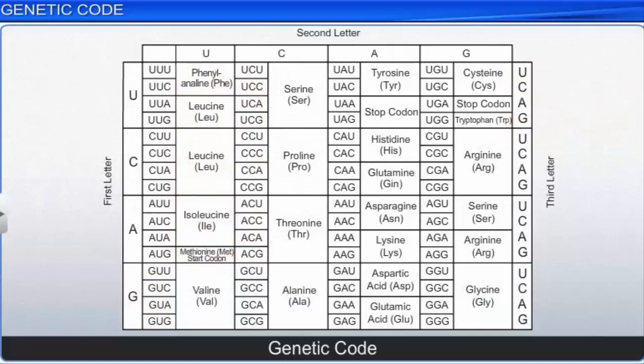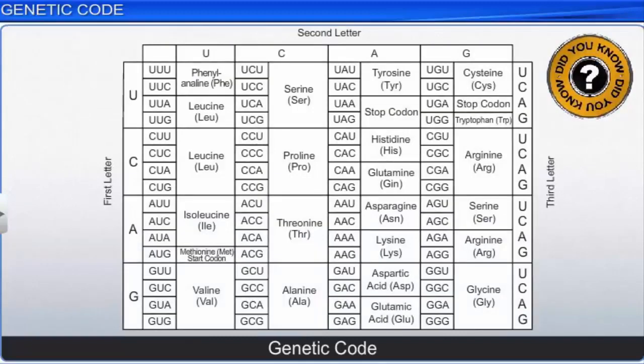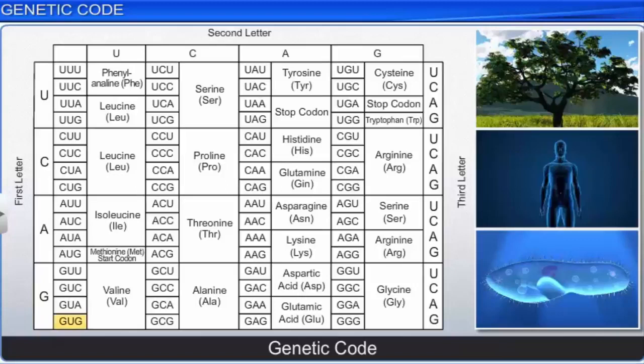Take the case of serine, which is coded by 6 different codons including UCU, UCC, UCA, UCG, AGU, and AGC. Phenylalanine, on the other hand, is coded by codons UUU and UUC. Did you know that the genetic code is almost universal and the same throughout all living organisms? The codon GUG, for instance, codes for amino acid valine in plants as well as animals.